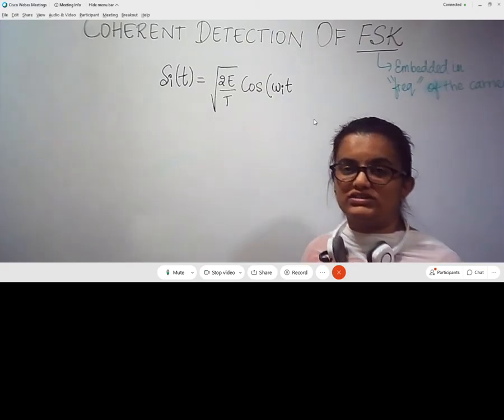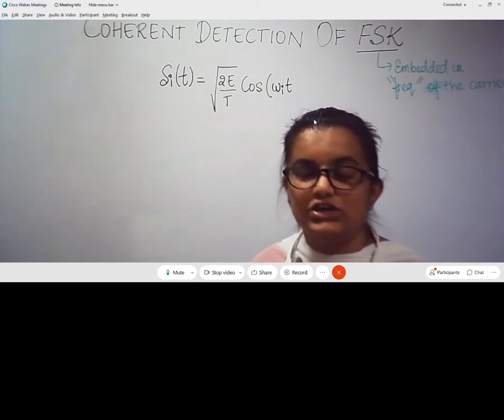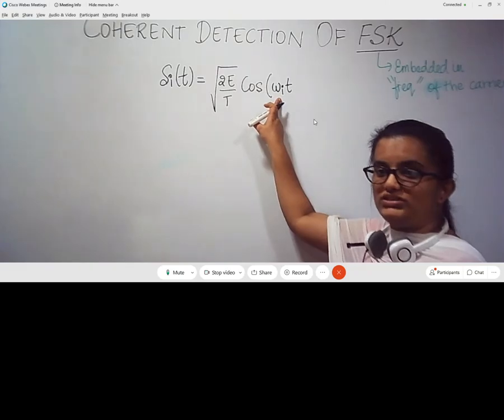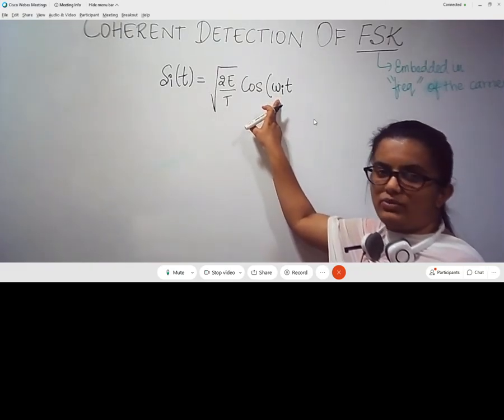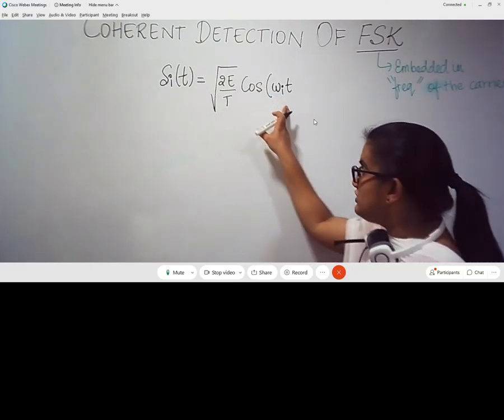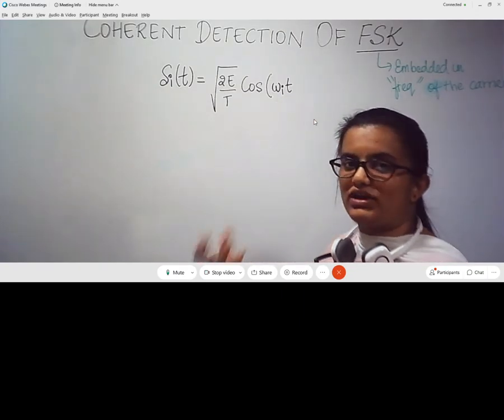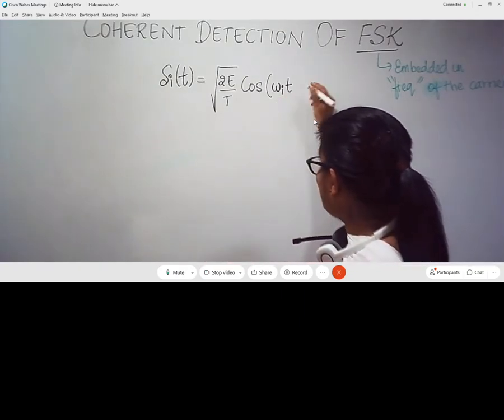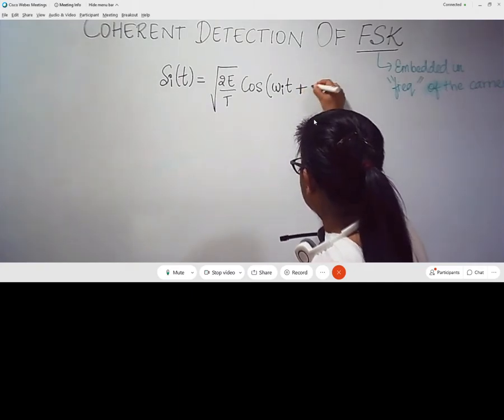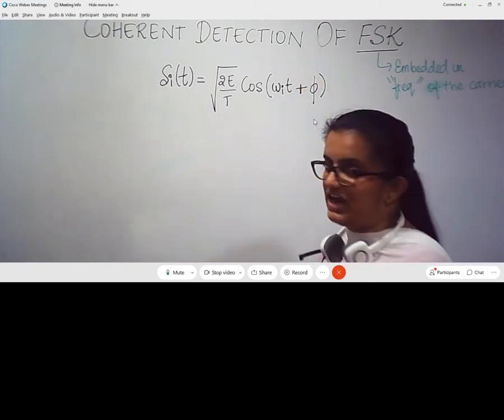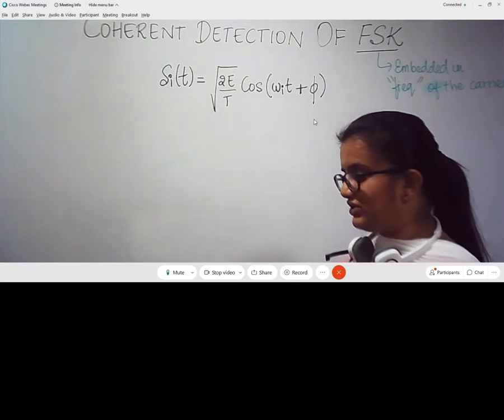It is the frequency of the carrier that keeps on changing. Therefore, in place of frequency, I have omega. Omega is nothing but 2 pi f. So if I am changing f_i, then omega will certainly change. So omega_i t plus phi, that is the initial phase of the carrier, will also be taken into consideration.